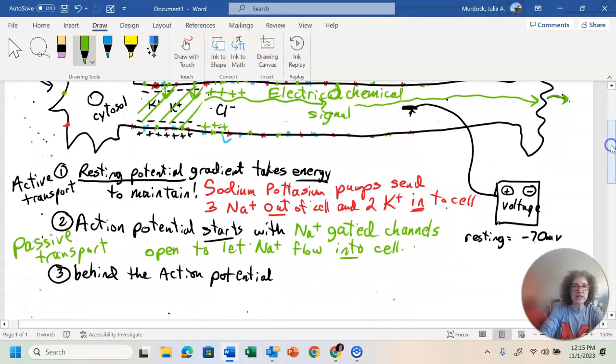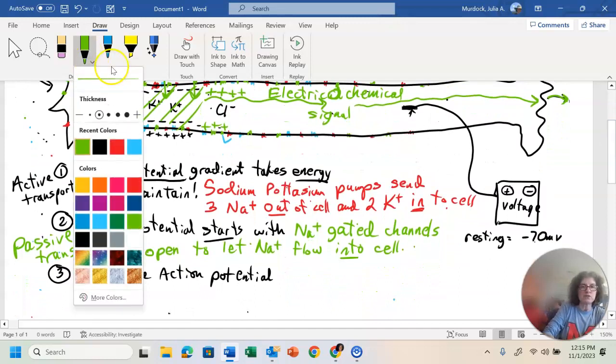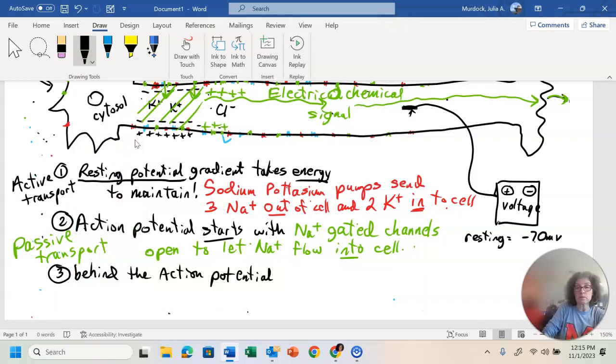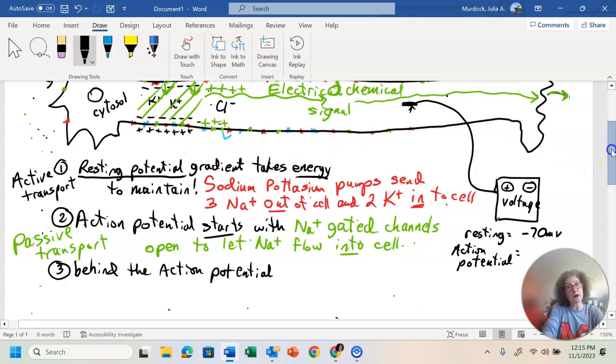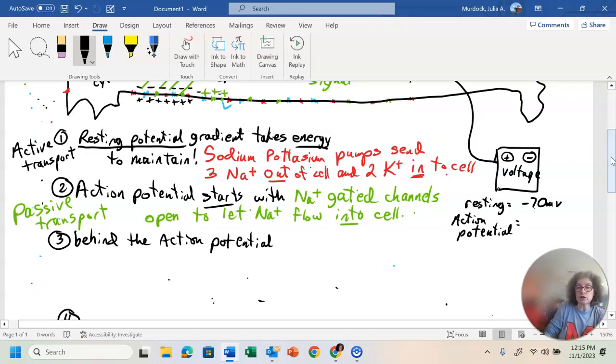All right, so that action potential, if you now measure the inside of the cell, when that action potential is going by, the action potential millivolt reading, what do you think it's going to be at its peak? It's going to be a positive number, and it goes to about plus 30 millivolts at its peak.